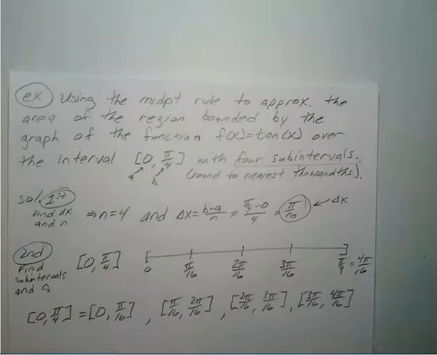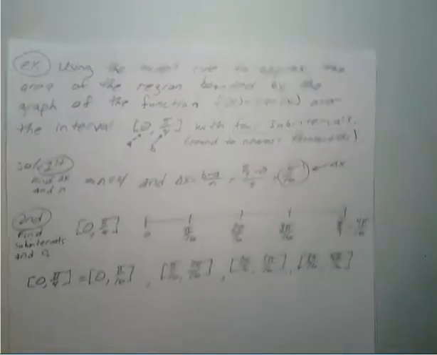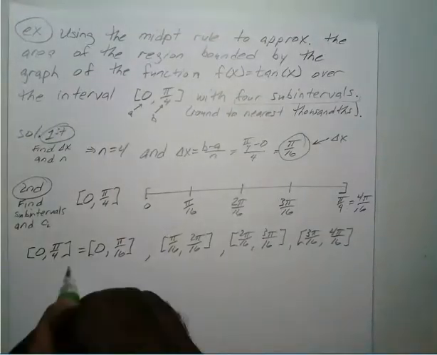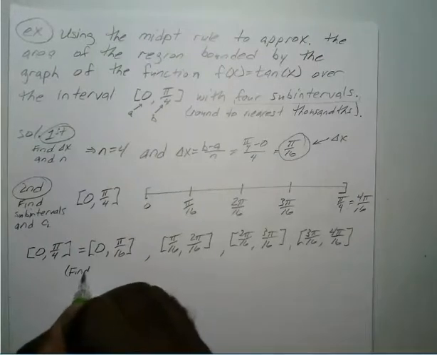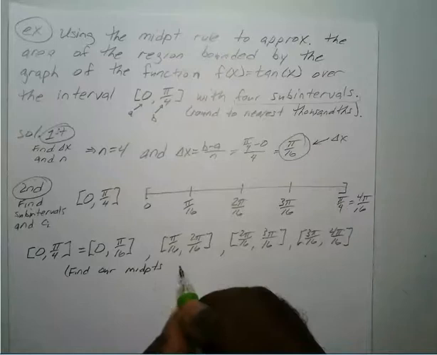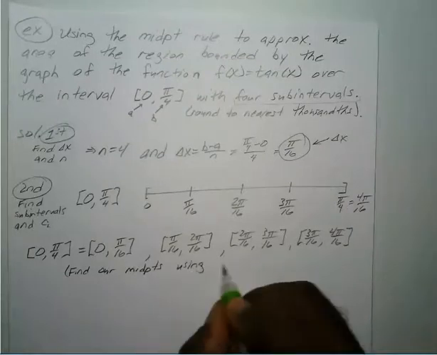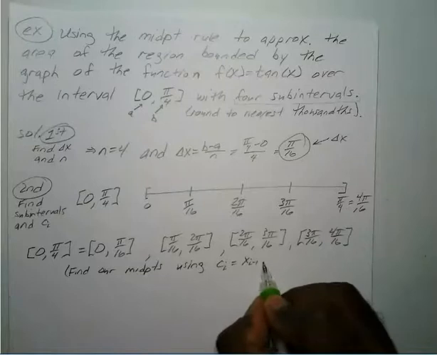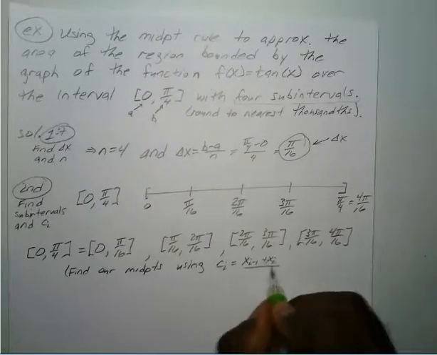Okay, so those are our subintervals. So now we have to find our C sub 1, C sub 2, C sub 3, and C sub 4. So find our midpoint using C sub i is equal to x sub i minus 1 plus x sub i, divided by 2.